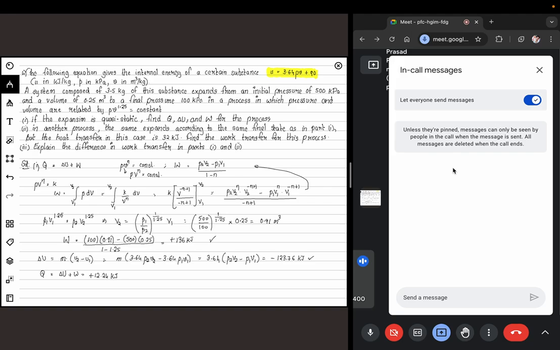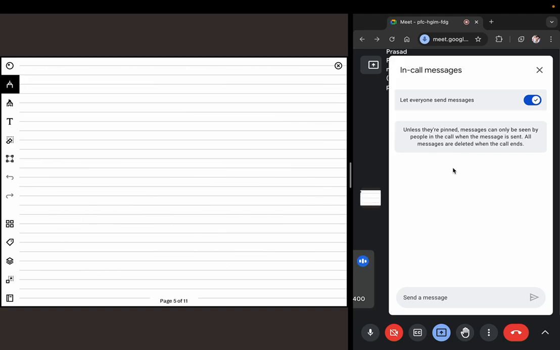Since the initial and final states are the same, your delta U should remain the same, as whatever we obtained previously, that is minus 123.76.